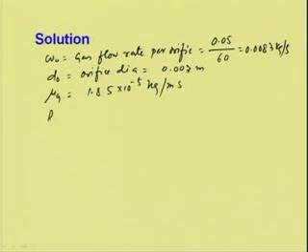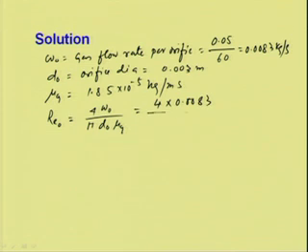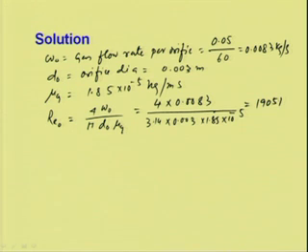So, we can calculate Re0, the Reynolds number, which is 4 W0 by pi D0 mu g, which is equal to 4 into 0.0083 divided by 3.14 into 0.003 into 1.85 into 10 to the power minus 5. So, this will give you 19051. So, this is the Reynolds number.